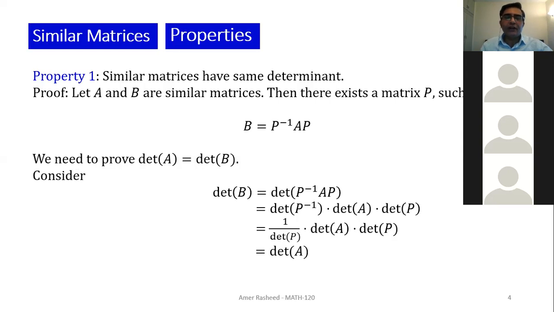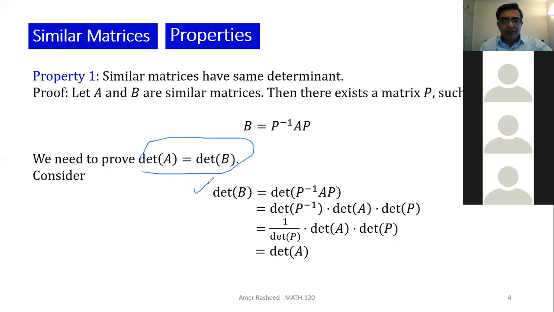You can find proofs in linear algebra books. We don't discuss here the proofs of the theorems. This is just for your understanding. We need to prove that determinant of A and determinant of B are equal, because the first property of two similar matrices is that their determinants are the same.